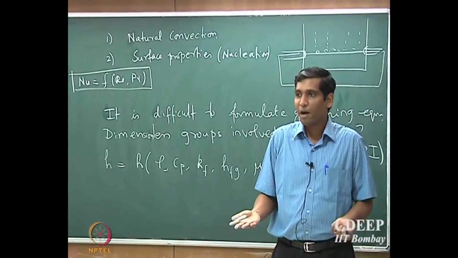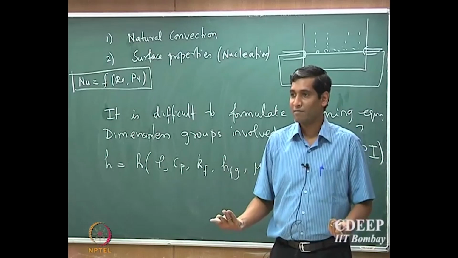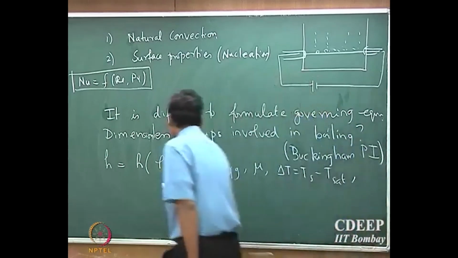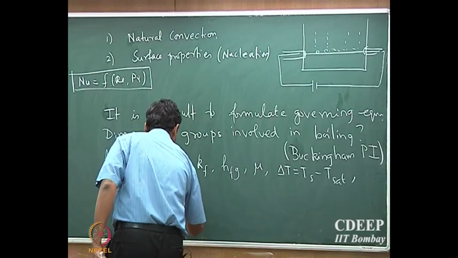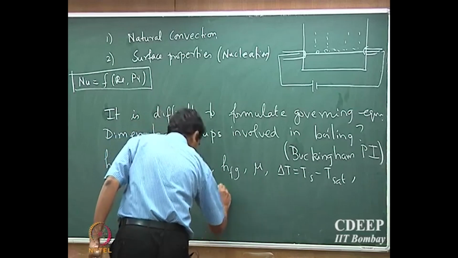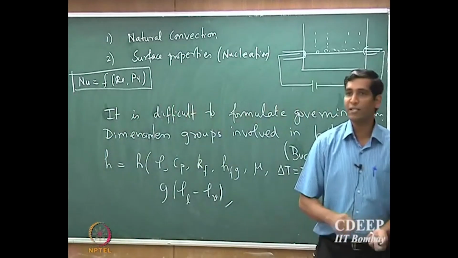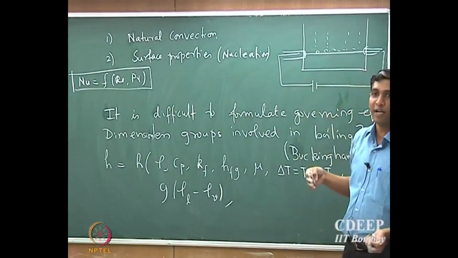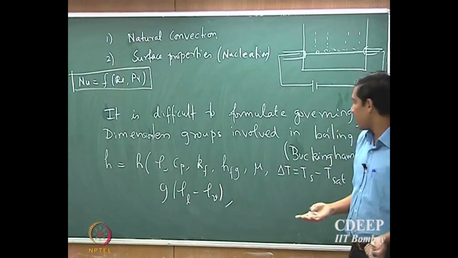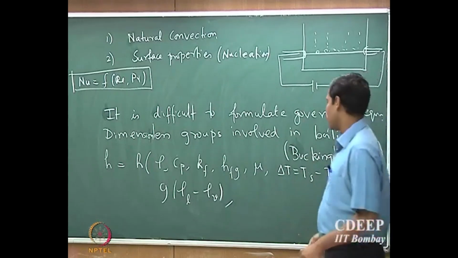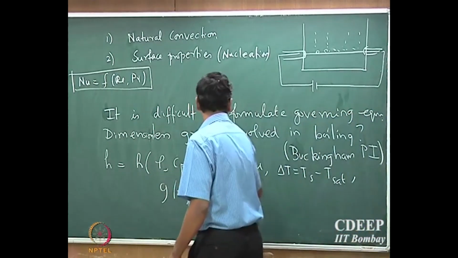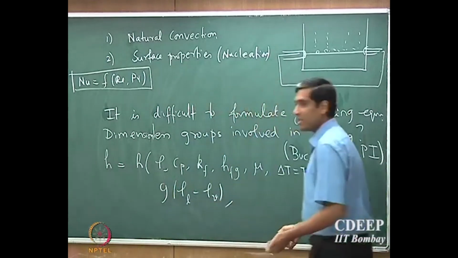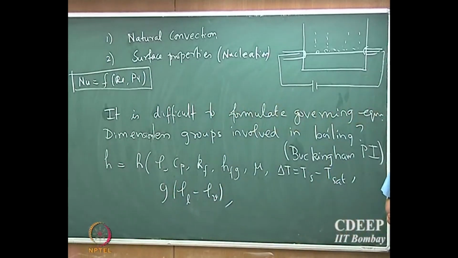Gravity, right? Somehow the buoyancy has to play a role here. So it will be g times rho liquid minus rho vapor. That tells you the body force difference between different locations in the fluid, and that exhibits the buoyancy. So how many are there? 1, 2, 3, 4, 5, 6, 7. What else?